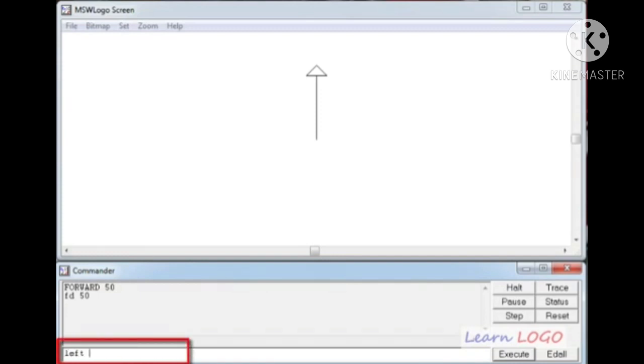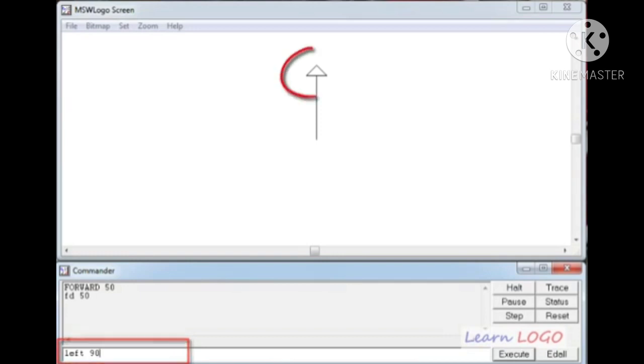Okay, next command is left. The left command is used to turn the turtle to the left. Type left, then give the angle. The left command turns the turtle head to the left side in anti-clockwise direction.